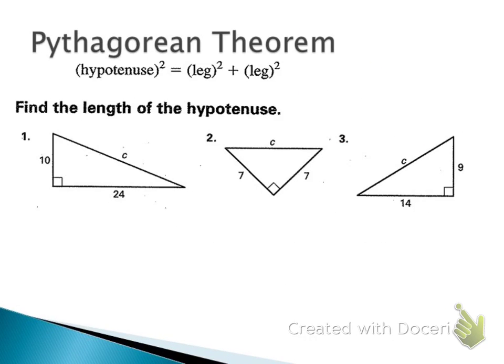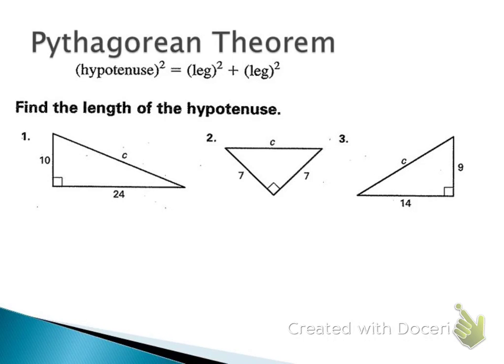Alright, on this slide we've got another reminder. The Pythagorean theorem states that the hypotenuse squared is equal to the side lengths of the legs squared added together. So we're going to use that on these problems. On these problems we are asked to find the hypotenuse every time.